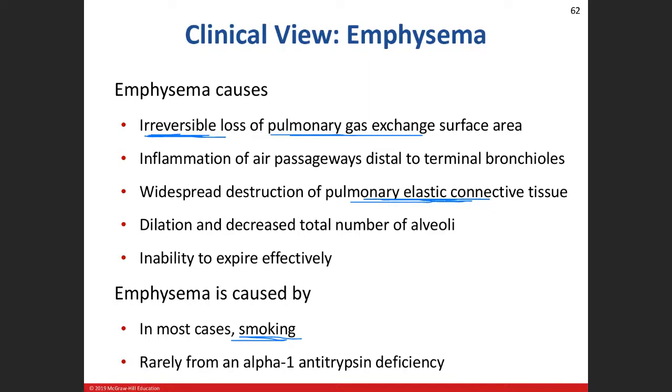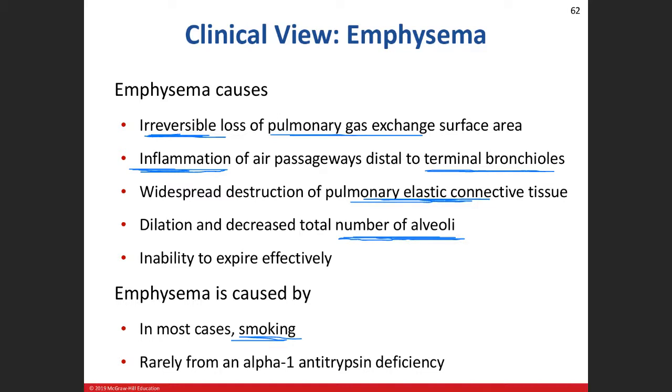Not only that, emphysema is an inflammatory disease. And when it causes inflammation, you're going to get bronchoconstriction, and that's bad, especially when we're dealing with the terminal bronchioles, because now we're going to decrease the amount of airflow in and out of the respiratory portion of our lungs, and that ain't good. So overall, we start to see a loss of alveoli.